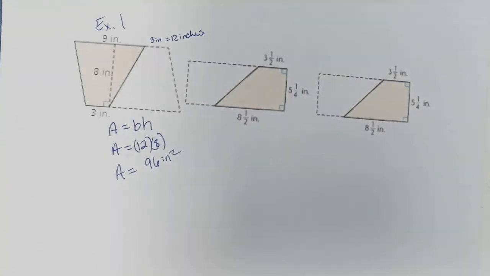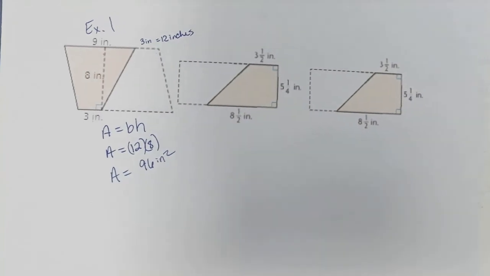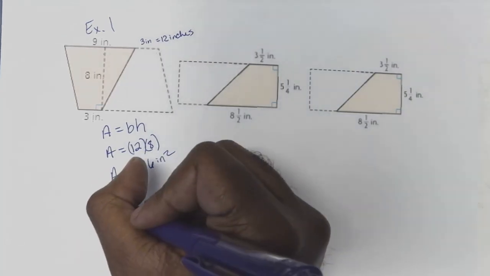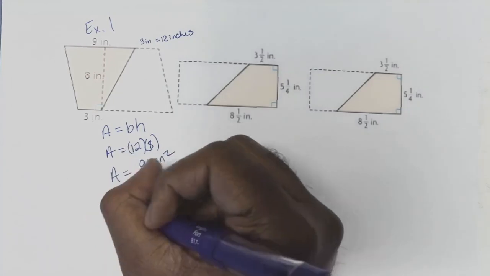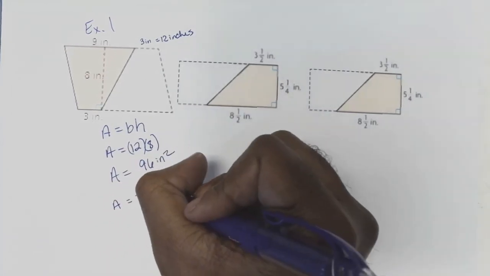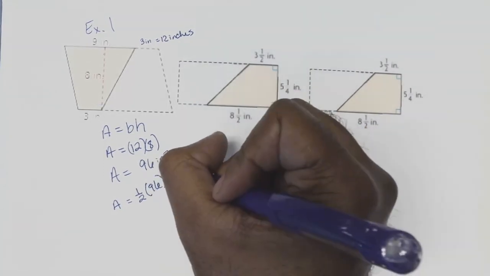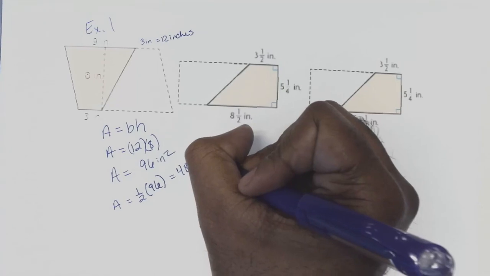So now that we have this, is this the area of the trapezoid? You're correct. Since the trapezoid is half the parallelogram, I can take 1/2 and multiply it by 96 to give me an area of what? 48 inches squared.